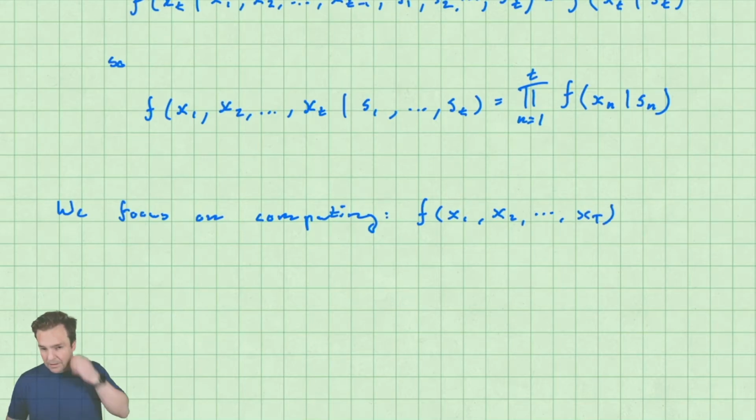And so that's what we're going to be focusing on, how do you compute this, and we're going to see a couple of different ways. It's going to illustrate a little bit how you can get some improvements.